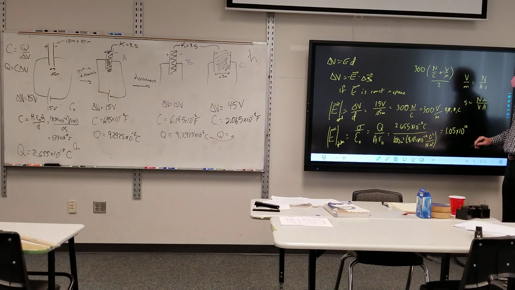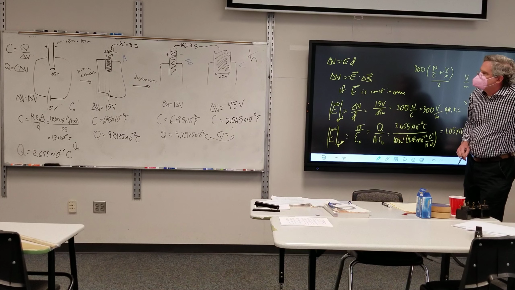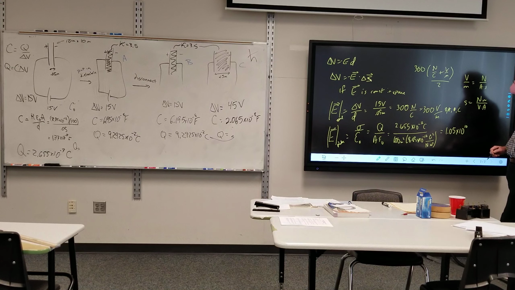No, I don't buy that. Check again. Oh, I did the charge for 9.2925. I did not do the charge as 2.655. You just divide it by 3.5 then, right? Divide that by 3.5?